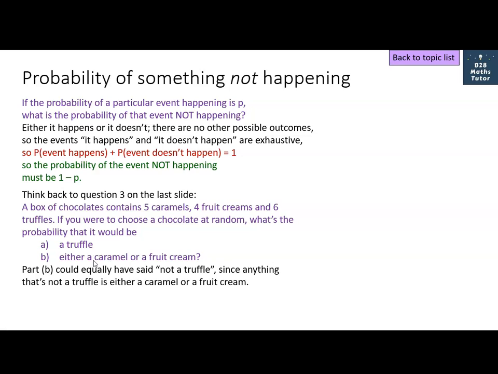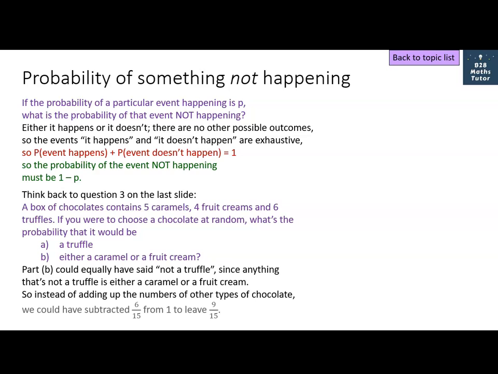So instead of adding up the caramels and the fruit creams, we could have just taken away the number of truffles from 1. So 1 minus 6/15, that's 15/15 minus 6/15, which leaves 9/15.